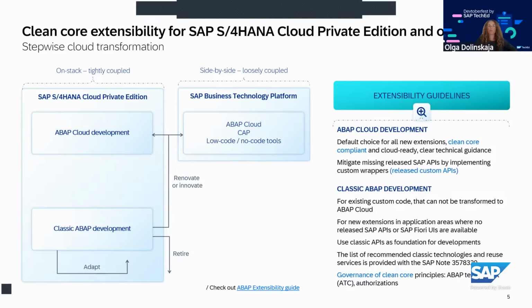And if you follow the adapted clean core extensibility rules of SAP, we provide guidance also for classic ABAP development. This includes that SAP offers a recommended list of classic APIs which should be used in classic ABAP development. We will talk about it a little bit later.